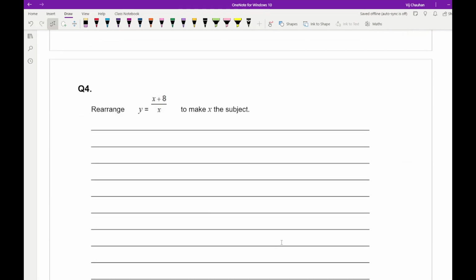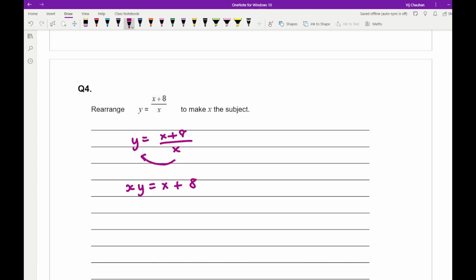Moving on to question 4, it says to rearrange y equals x plus 8 over x. So here we've got a rearranging formula where we've got two x's on one side. So for this, if I just write out the question, we want to take this x over to the other side. So what we end up with is xy equals x plus 8.